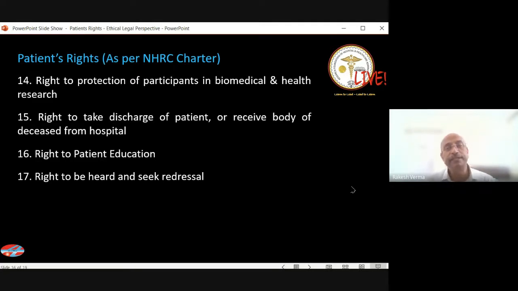Now, if you read this document, which we are providing as a download, and which is the NHRC Charter, for each of these 17 rights, they have given a beautiful description and also the basis on which it is included in the NHRC Charter. Many times you would see that the basis is a Supreme Court judgment or a particular ethical principle. So this document becomes an important and good document to refer to.